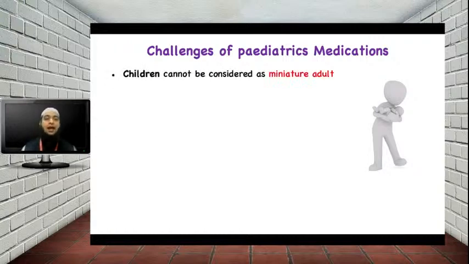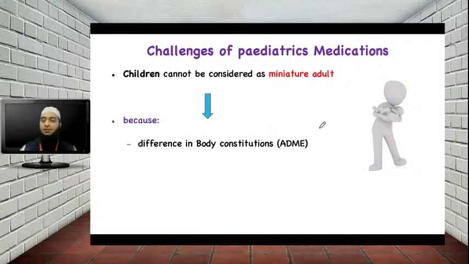The reason is that children cannot be considered a miniature adult, due to two important reasons. The first reason is that there is a difference in body constituents. In a child, the body constitution is completely different, and due to this difference, there is a change in pharmacokinetic parameters such as absorption, distribution, metabolism and excretion of the drug.